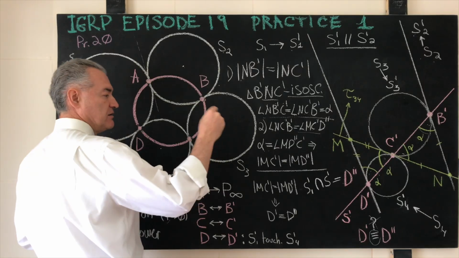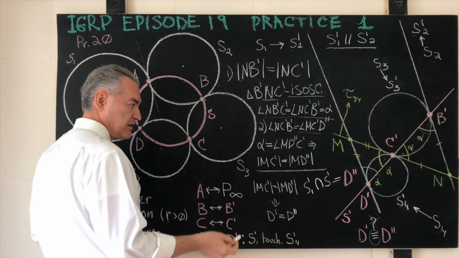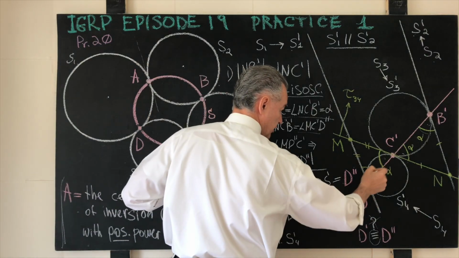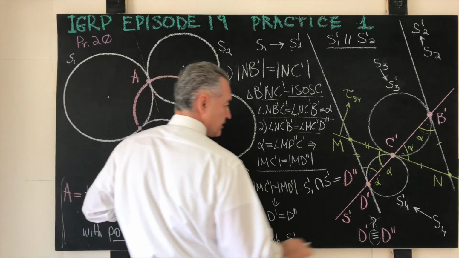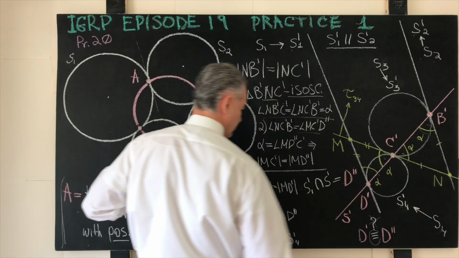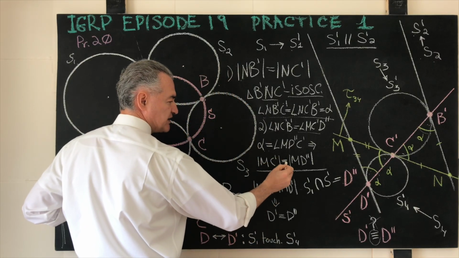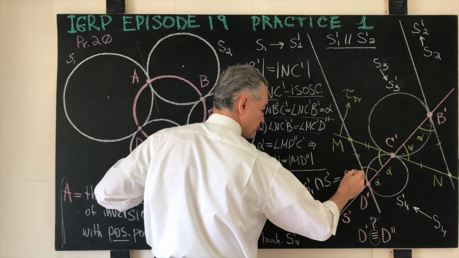Then by the converse of pons asinorum, if the magnitude of the interior angles at the base of a triangle are equal, then such a triangle is isosceles, and that means that the length of the side MC prime is the same as the length of the side MD prime prime.